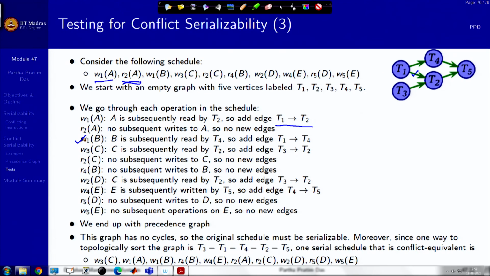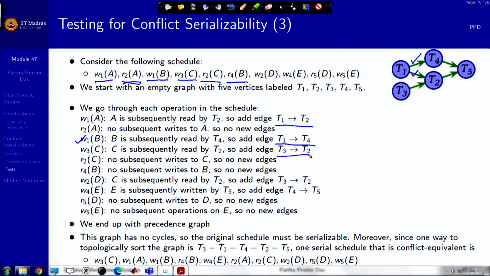Then we have W1(B). W1(B) is read here. Right. So, whatever transaction 1 writes in B, transaction 4 reads. So, transaction 1 has to precede transaction 4. Then W3(C): transaction 3 writes and transaction 2 reads.